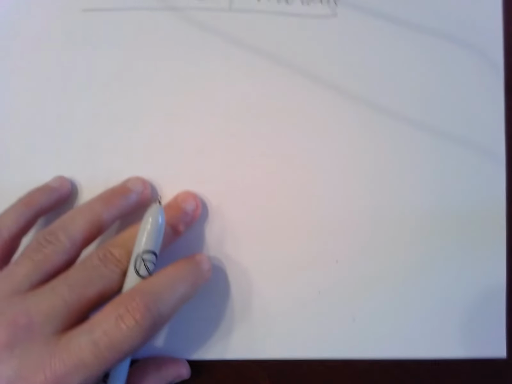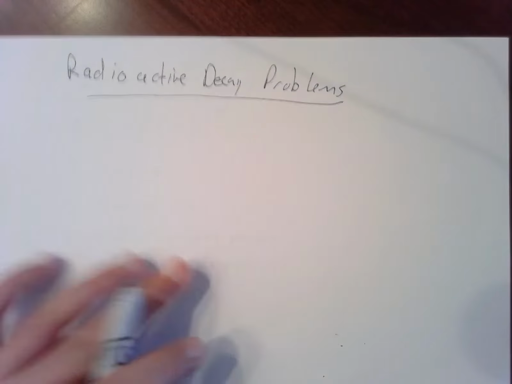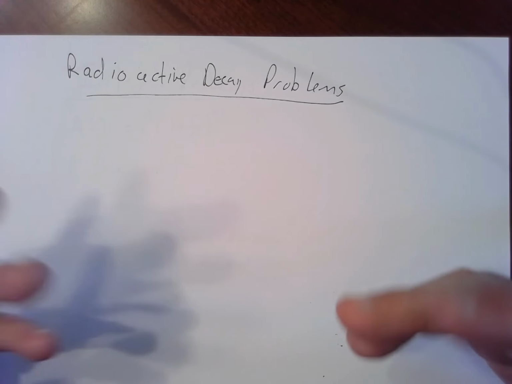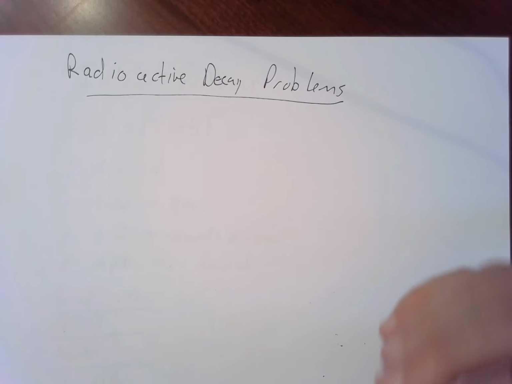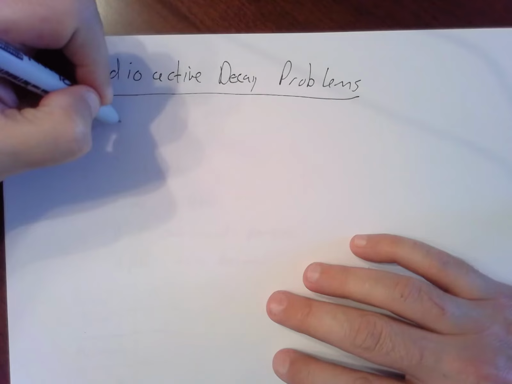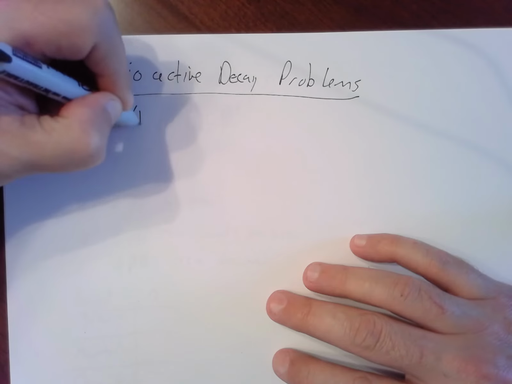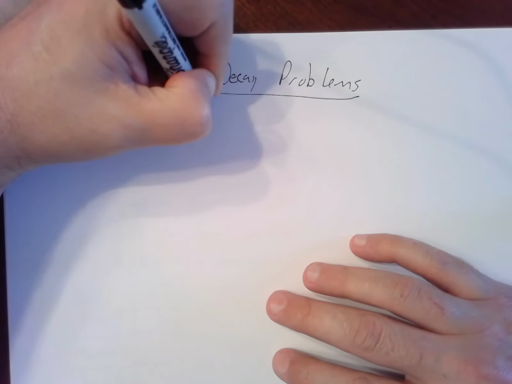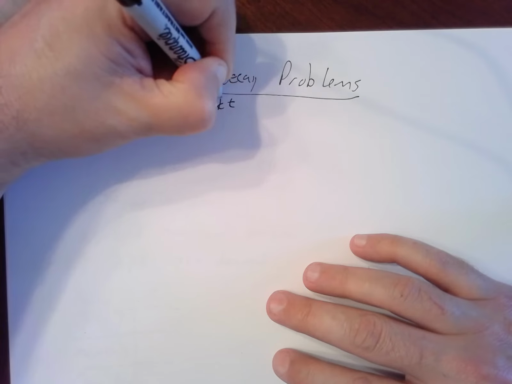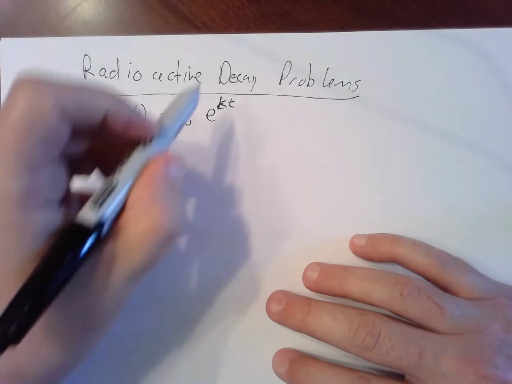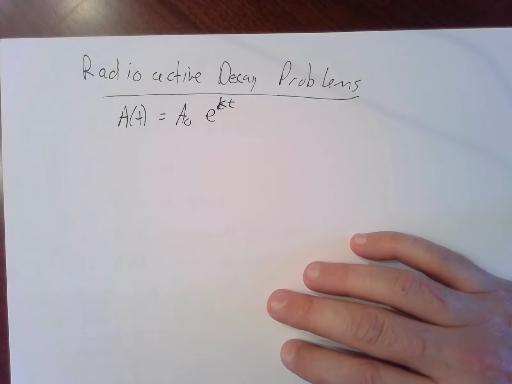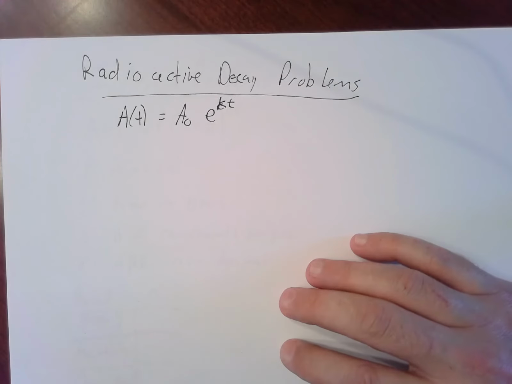Okay, radioactive decay problems. These are honestly just exponential decay problems. They're just like population growth problems, only now we'll have decay instead of growth. So our basic format is we'll have some amount after time t is some initial amount times e to the kt, only now we'll have a negative k value, a negative growth factor, which is what gives us decay.